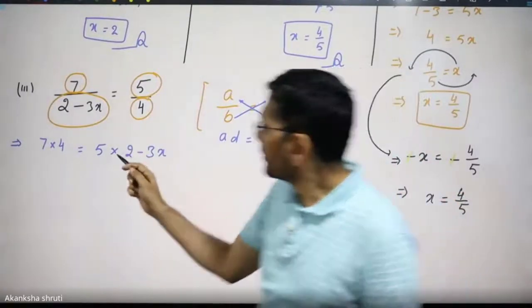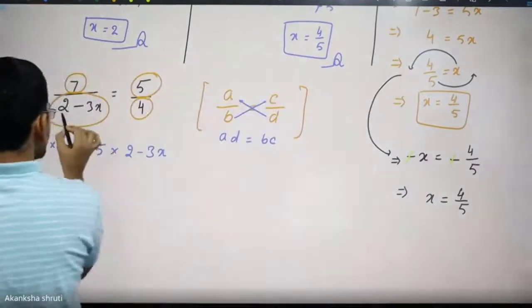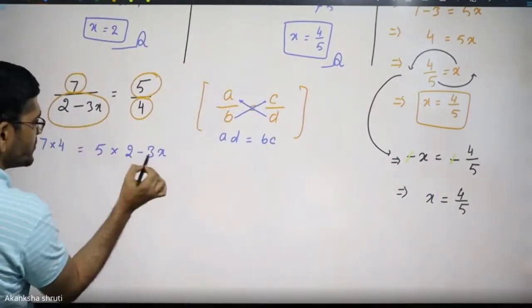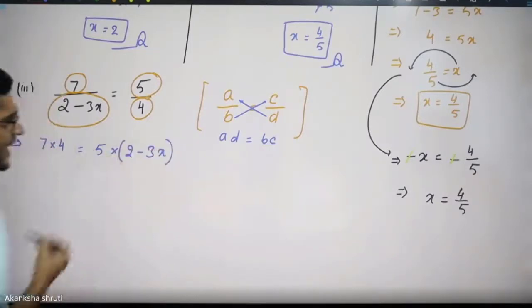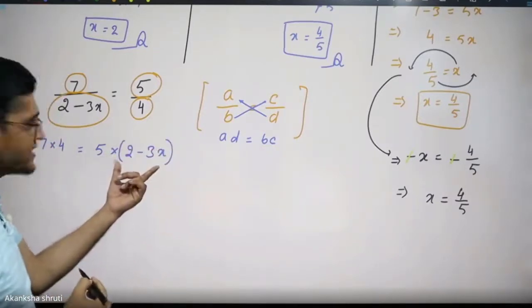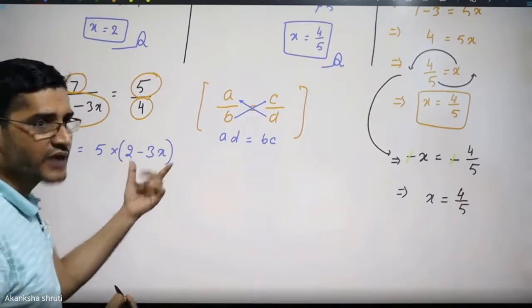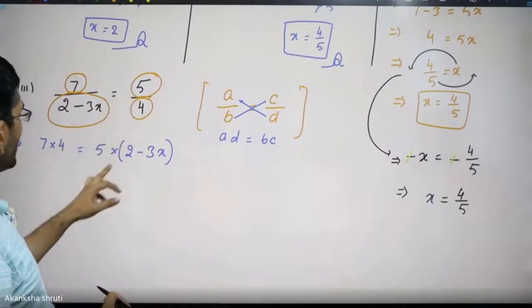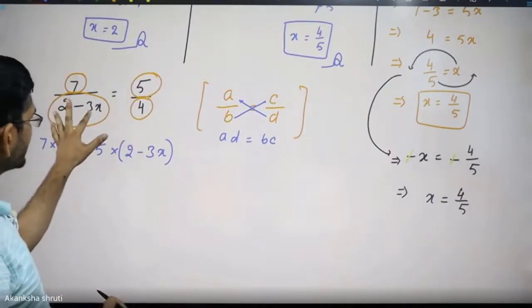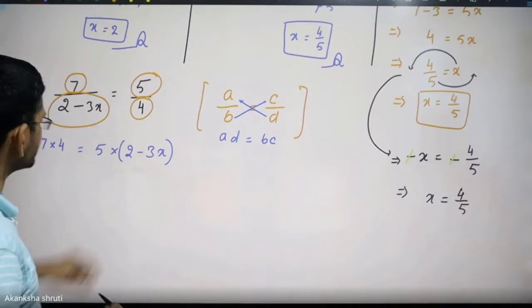So, here, this entire denominator is 2 minus 3x, so this needs to be kept inside a bracket. Do not forget this bracket. Once you forget this bracket, the entire thing becomes wrong. Therefore, this 5 has to be multiplied with this entire denominator. It was 2 minus 3x.